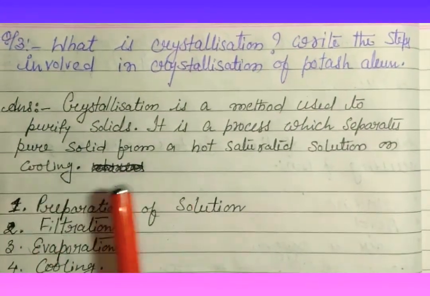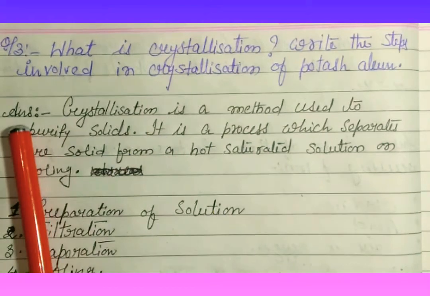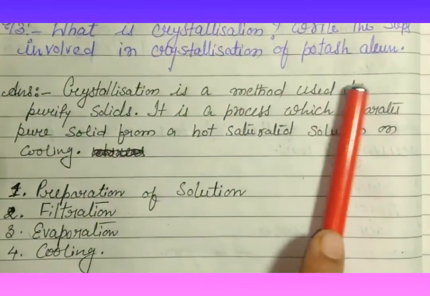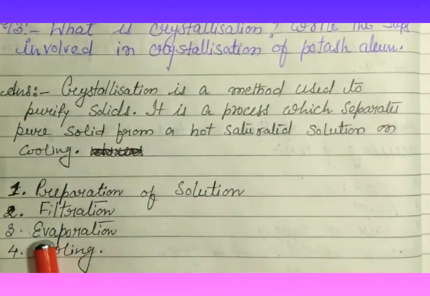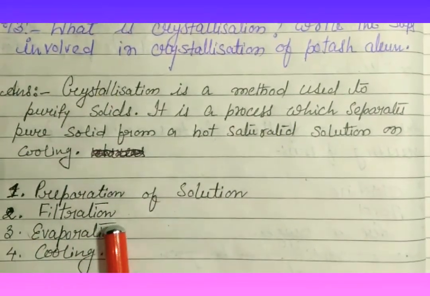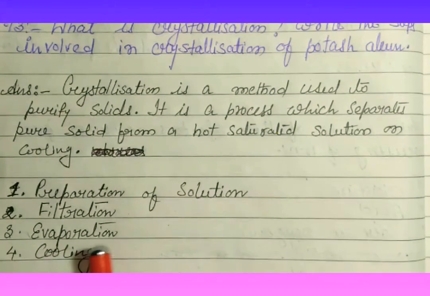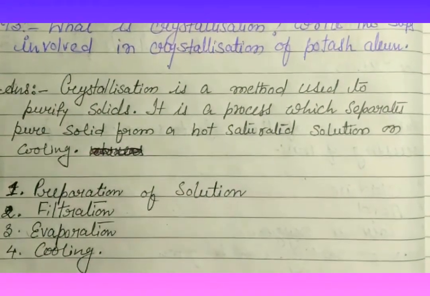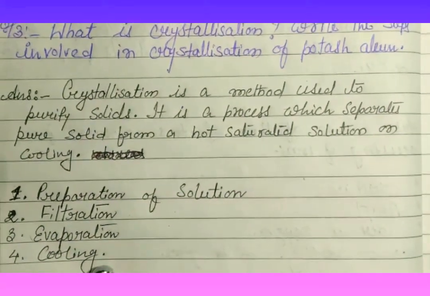Now the next, write the steps involved in crystallization of potash alum. The answer will be: first step, preparation of solution, second step, filtration, third step, evaporation, and the fourth step, cooling.